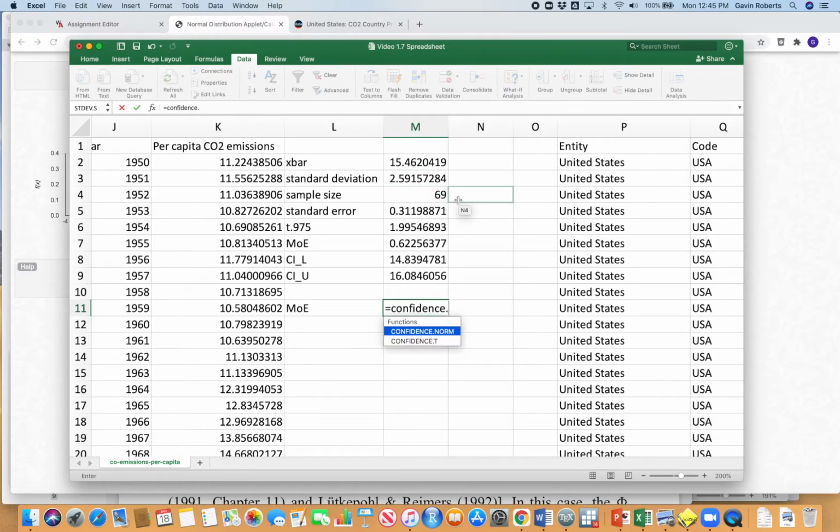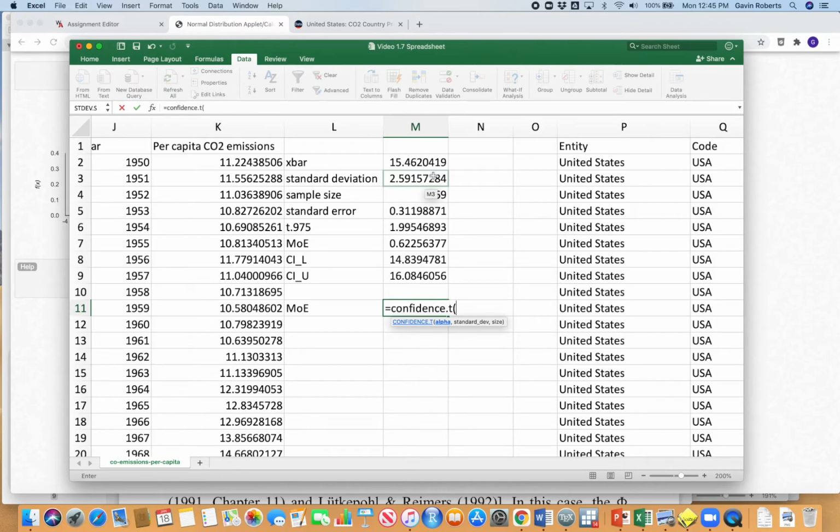They also have CONFIDENCE.NORM if you happen to be doing one with a normal distribution, like if you know the population standard deviation, or if you're doing a proportion problem. Here, however, we're doing T, open parentheses, alpha. We're going to do a 95% confidence interval. Alpha is the number on the outside.